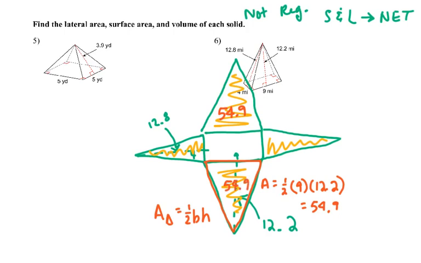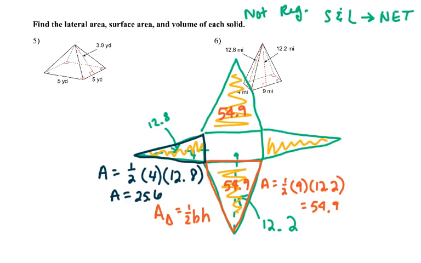Then we need to find the area of these smaller triangles. These have an area equal to half of the base, which is 4, times the height, which is 12.8. 12.8 times 2 is 25.6 for our total area there, and we're in miles.